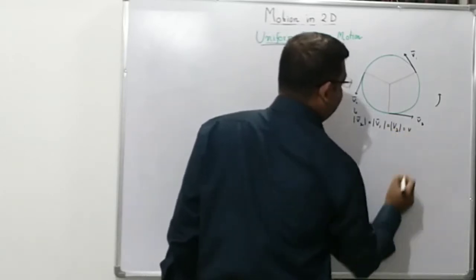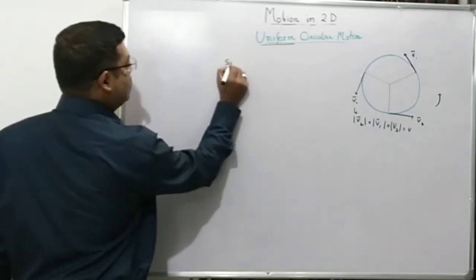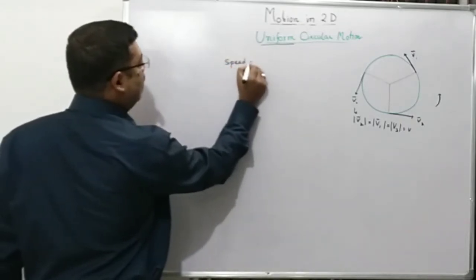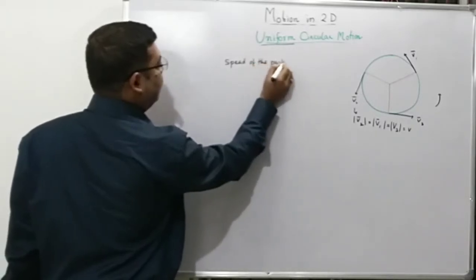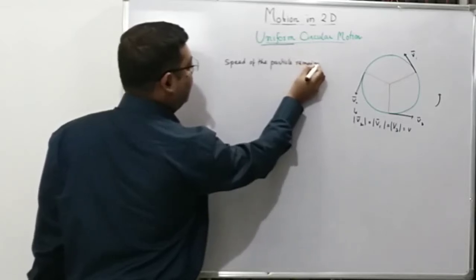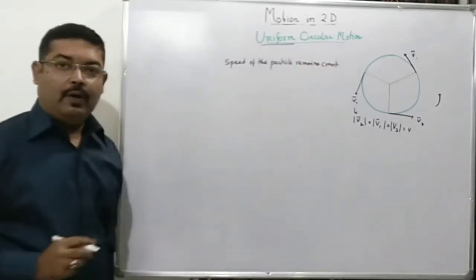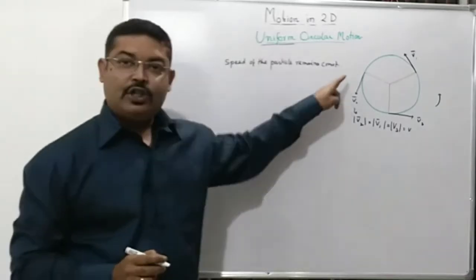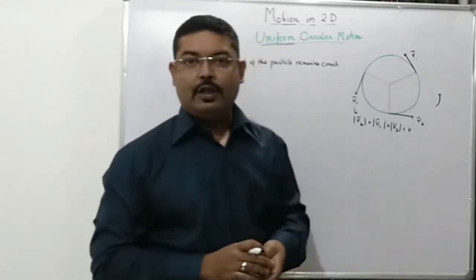Let's call this V, which means in uniform circular motion, the speed of the particle remains constant. However, the direction is changing continuously. At each point of the circular path, the direction is different.